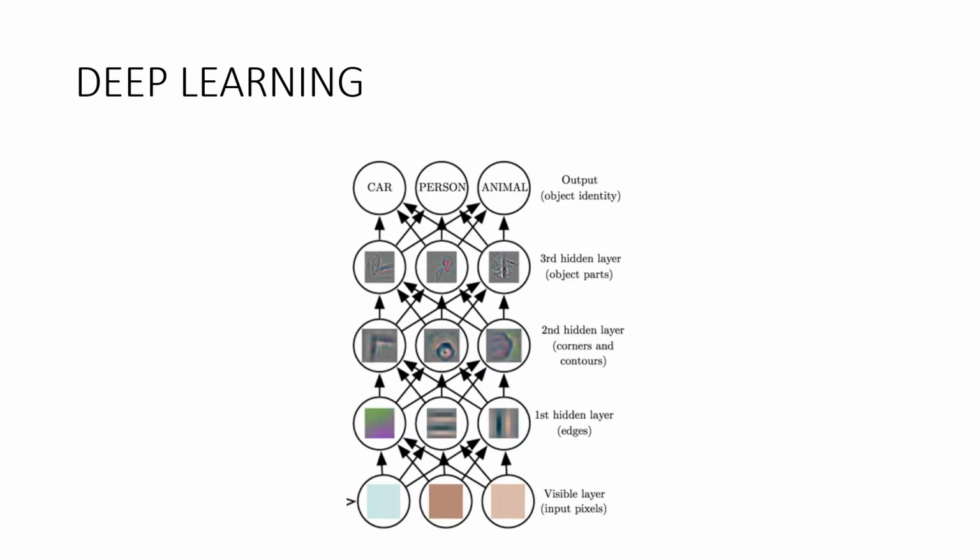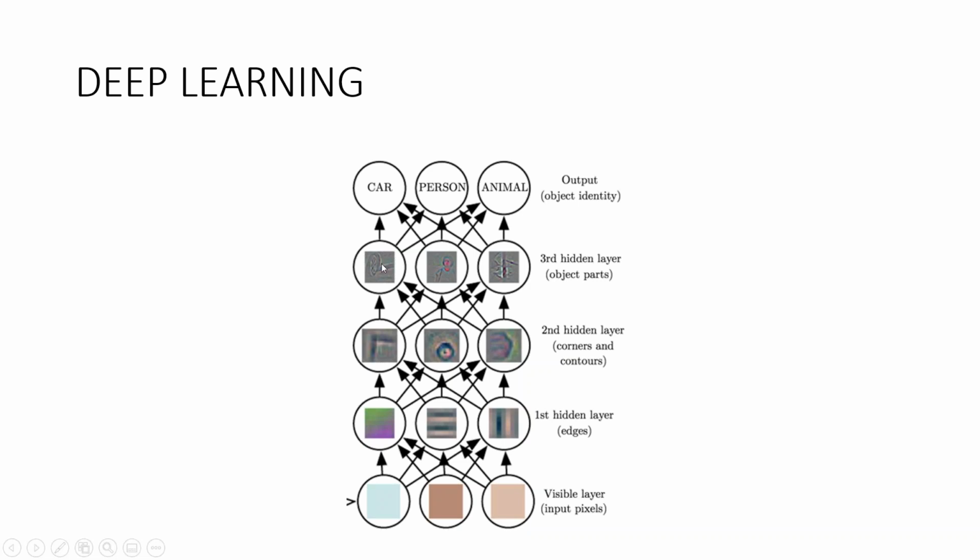To give you a simple example, this is not necessarily medical. This is where you present images, and there's either a car, person, or animal. Down here at the bottom, you put in the pixels from your two-dimensional picture. The first hidden layer might find the edges found in that. The second hidden layer might find corners and contours. Then the third layer might give you some sort of objects.